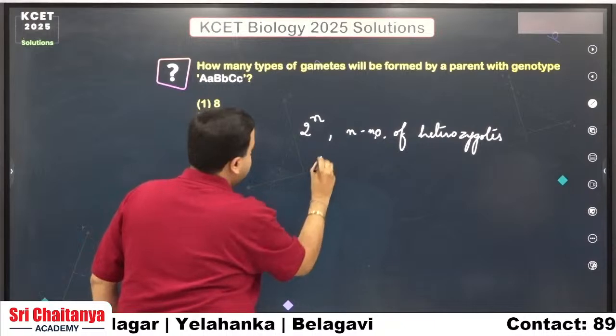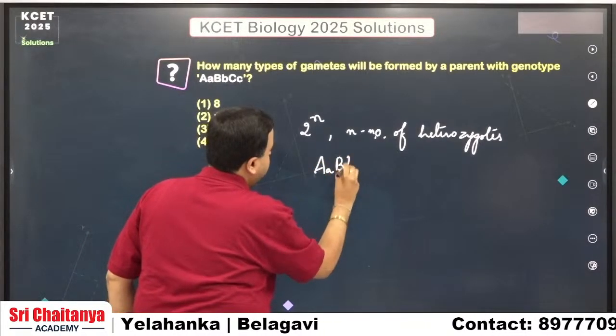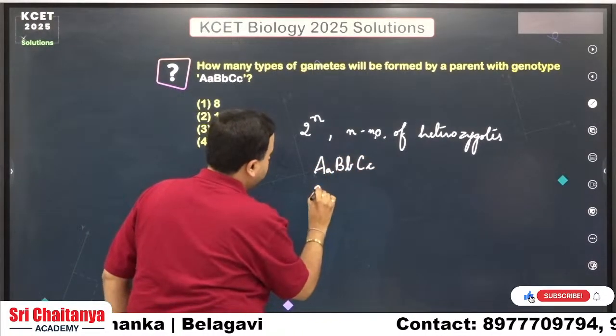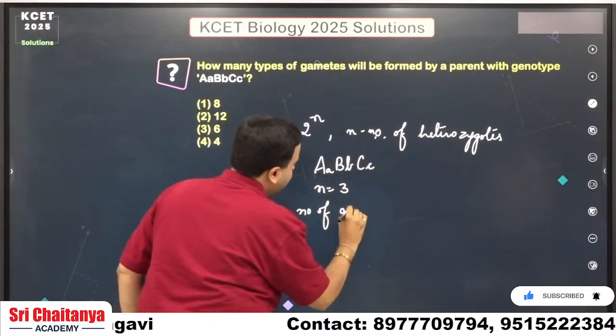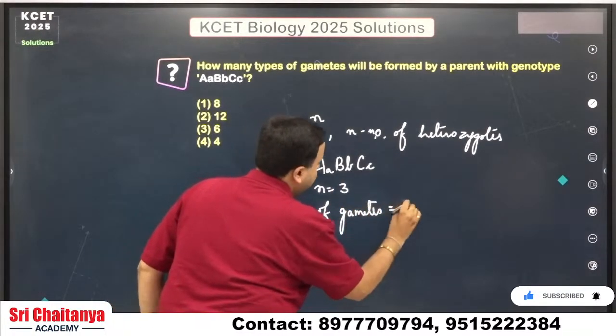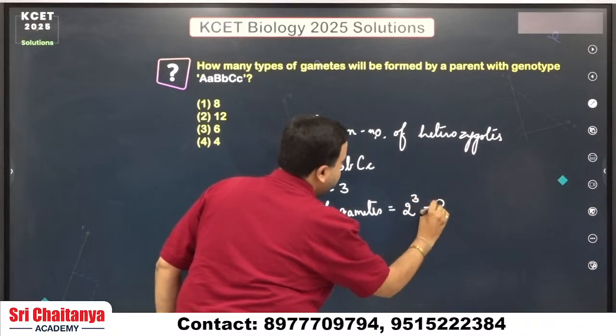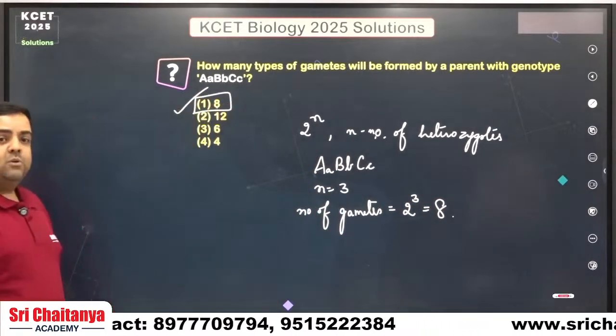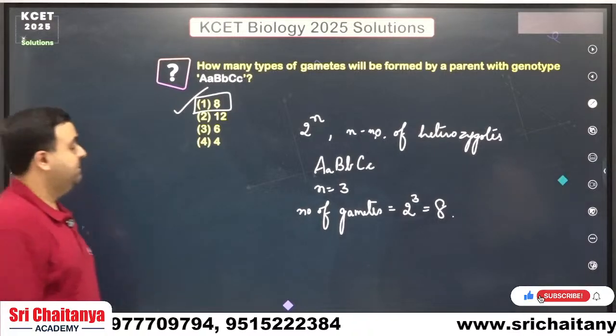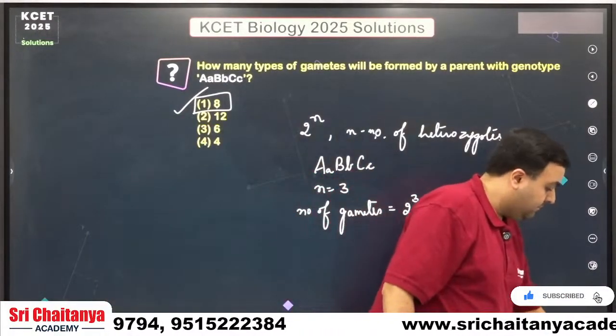So in this case, capital A small a, capital B small b, capital C small c, n is equal to 3. Therefore, the number of gametes is equal to 2 to the power 3, which is equal to 8. Therefore, option number 1 is going to be the correct answer.